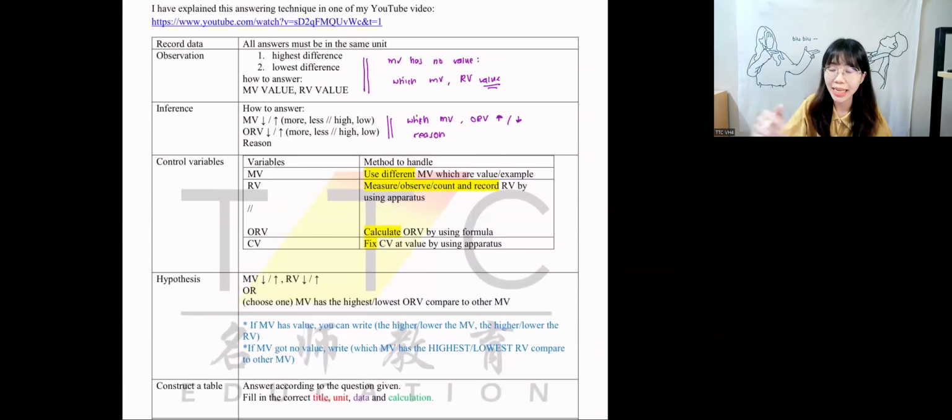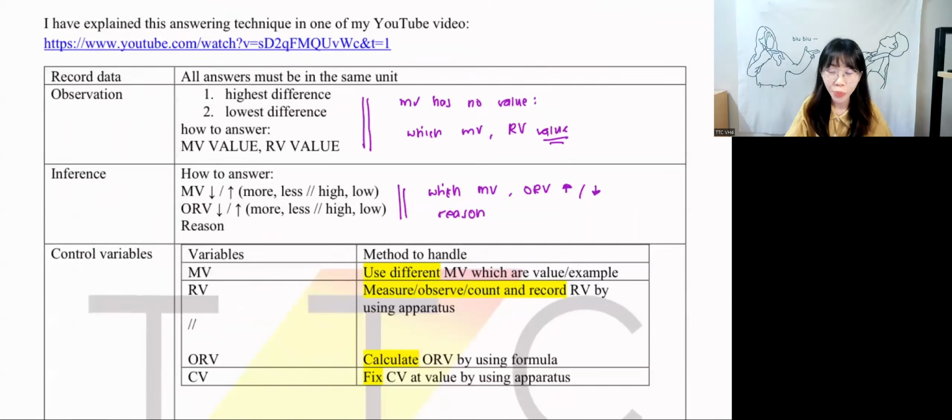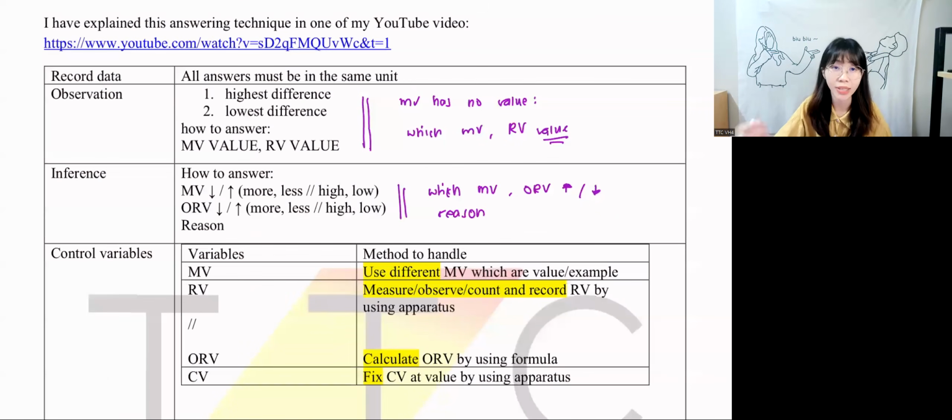ORV is what we learn in the textbook. For example, we learn energy value, right? Energy value is the operational responding variable. Let's say if it's DCPIP, that is called percentage or concentration of vitamin C. But the responding variable for vitamin C is the amount of fruit juice needed to decolorize 1 ml of DCPIP solution.